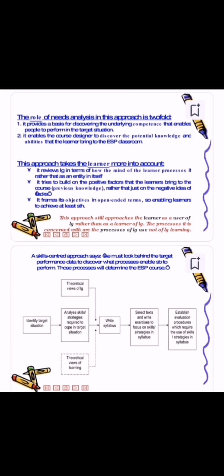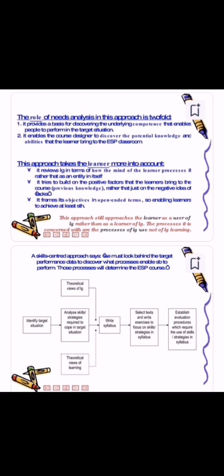1. It views language in terms of how the mind of the learners processes it. It tries to build on the positive factors that the learners bring to the course, their previous knowledge, rather than just on the negative idea of lacks. 2.